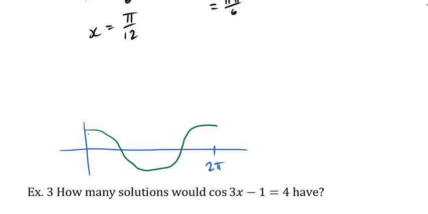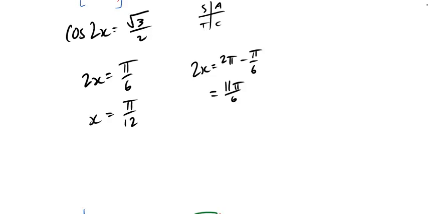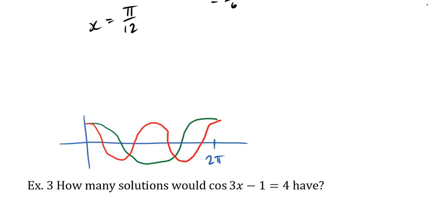So cos 2x would look like this. It would go twice. So root 3 over 2, which we'll just estimate to be somewhere around here.